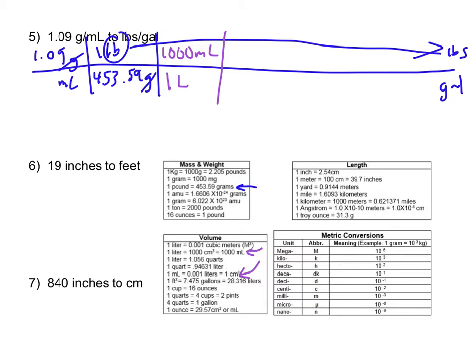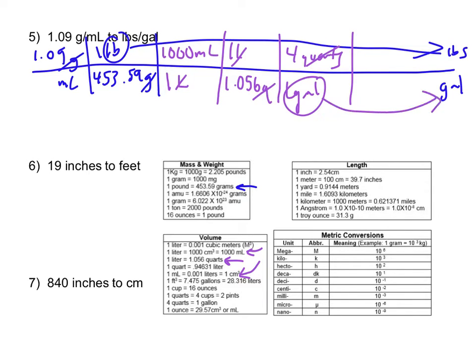Now I also see this one down here that says in 1 liter there are 1.056 quarts. So I'm going to use that one, 1 liter, 1.056 quarts. My liters will cancel. And in quarts, I need to go to gallons. I know that there are 4 quarts in 1 gallon. So my quarts cancel. I'm left with gallons, which means I'm satisfied.